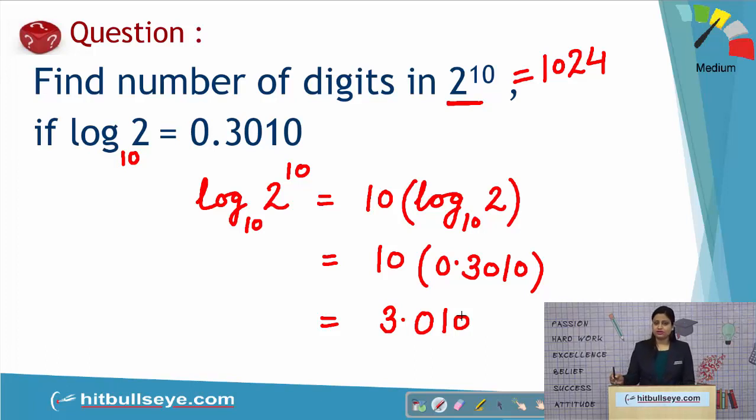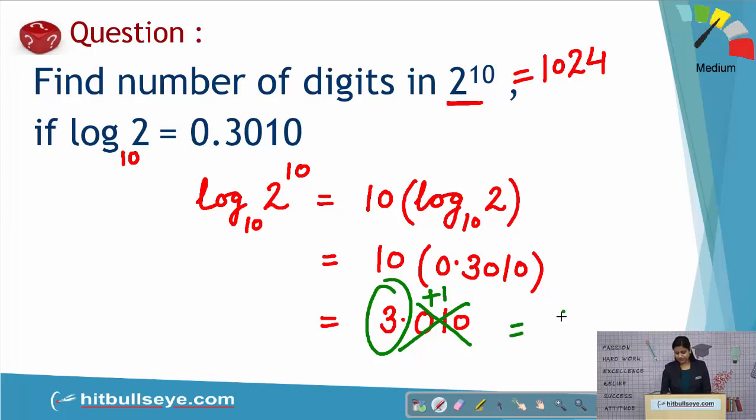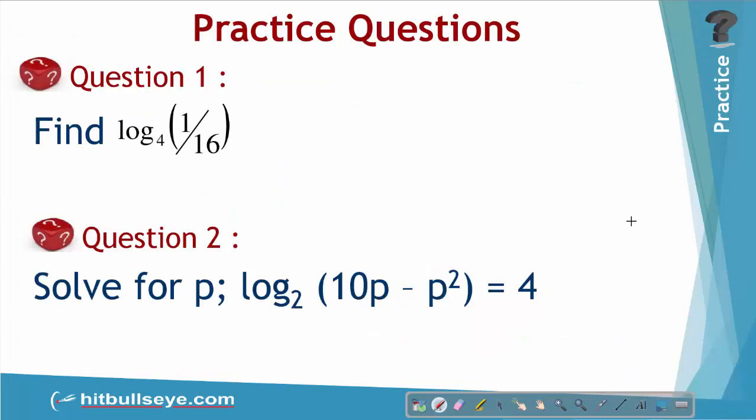Now the last thing to be done here, find the log of the given number, find the final value, leave the decimal part. That is important. Leave the decimal part, take only integral part and add 1 to this, which comes out to be 4. So how many digits are there in 2 raised to power 10? They are 4.